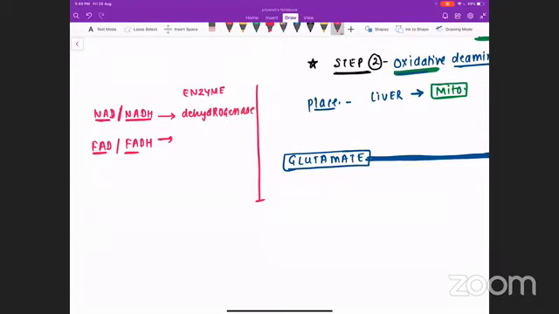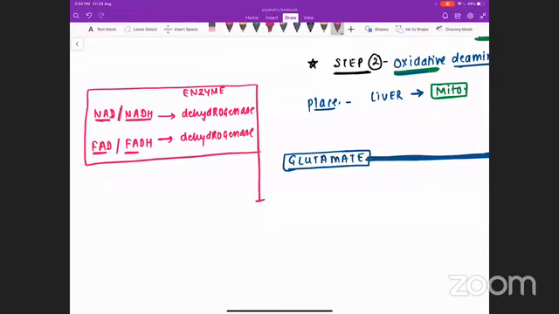In the entire biochemistry, we are going to follow the same rule.